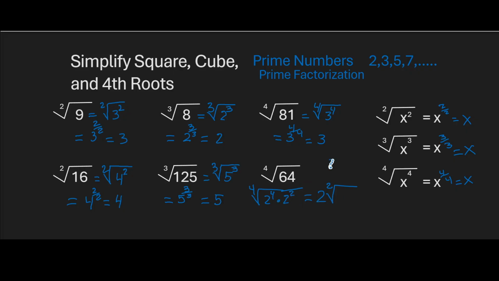And remember, 2 squared is going to be 2 times 2, which is going to be 4. So this will be the answer. Many times that's what they're going to do with all these numbers. But I just wanted you to know how we're going to be able to simplify square roots, cube roots, fourth roots, and so on. Thank you.